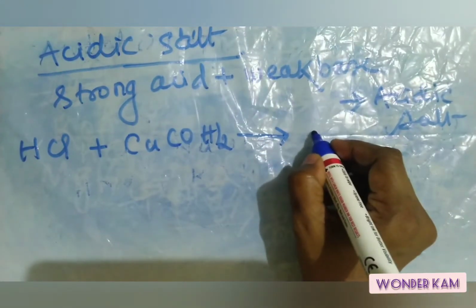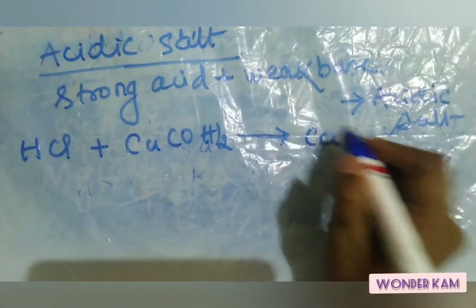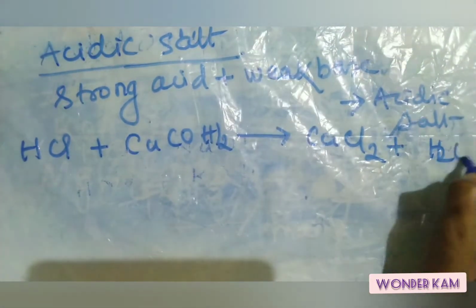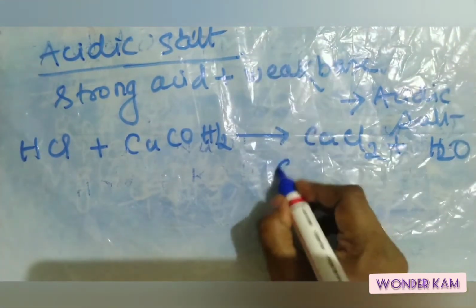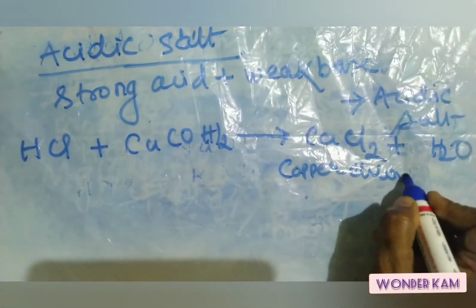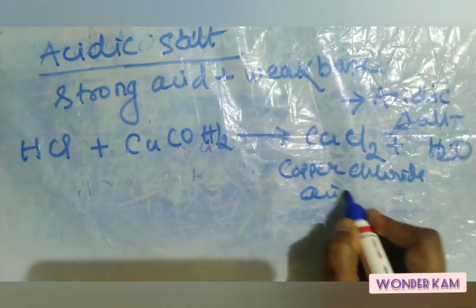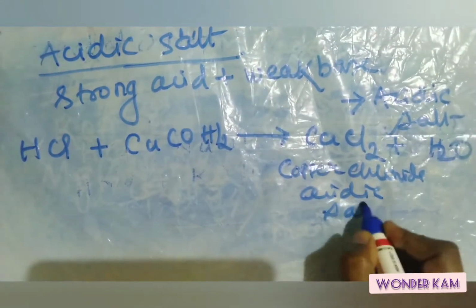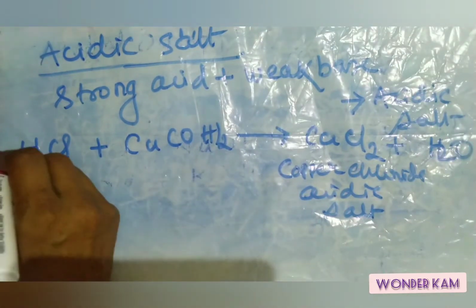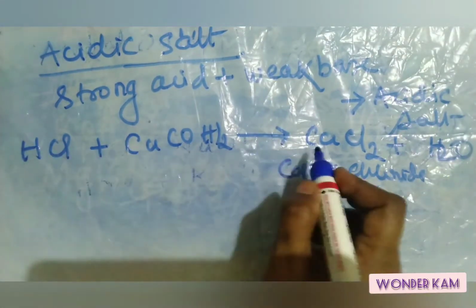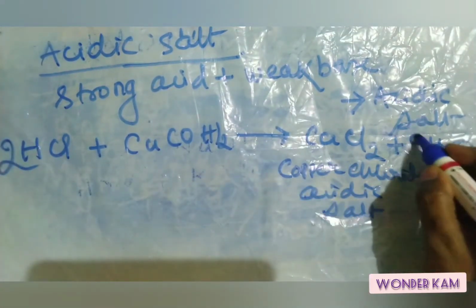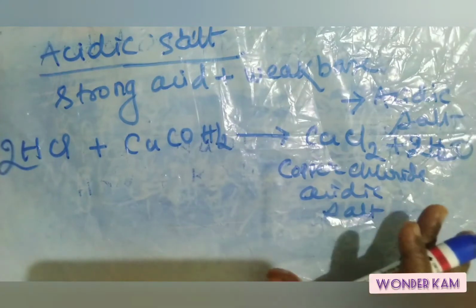So we'll get copper chloride plus H2O. This copper chloride is an acidic salt. Okay, so we have to balance this one. Chloride, 2 chlorine. So now this is balanced.